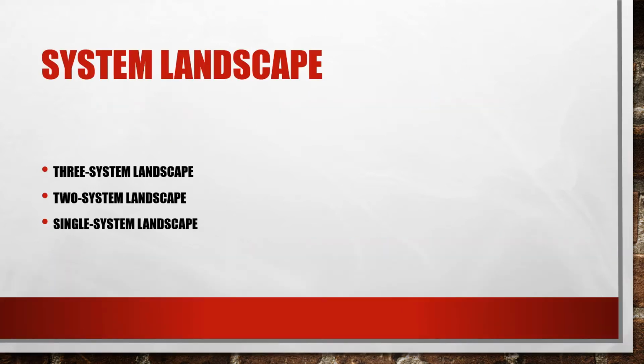The system landscape contains all the SAP systems that you have installed. It can consist of several systems or groups whose SAP system IDs, or SIDs in short, are linked via transport routes.